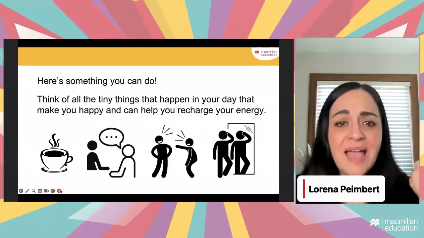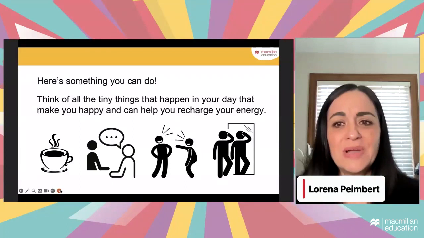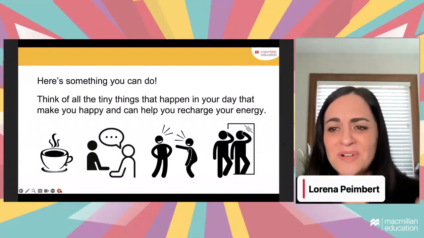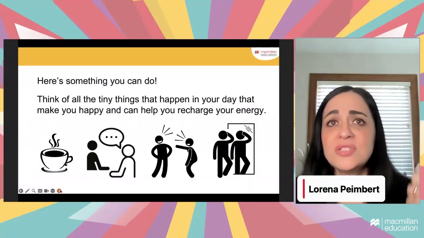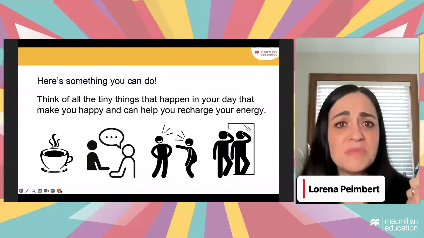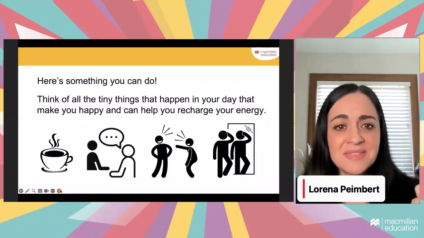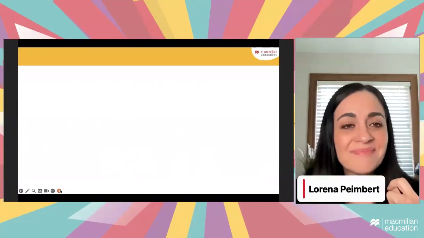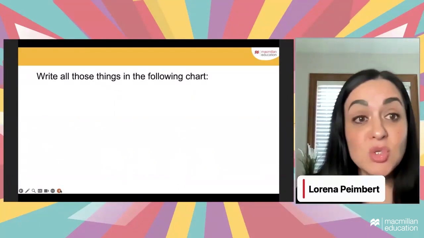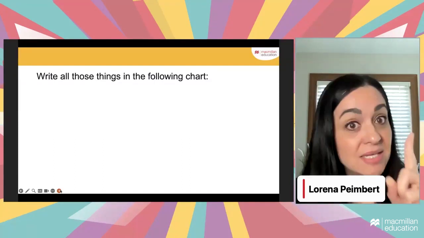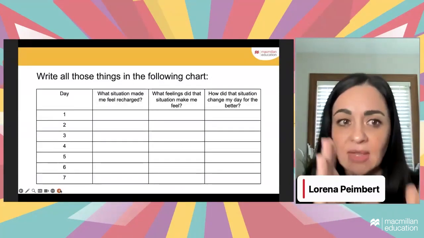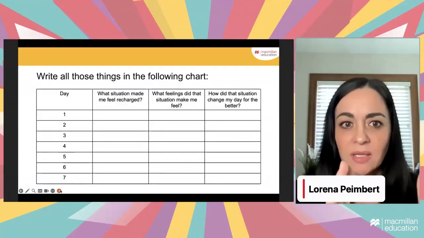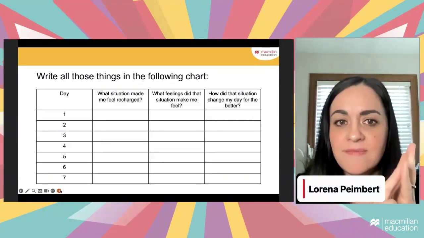I am dressed in my favorite clothes. Thank you. I'm feeling perfect. And then you tell yourself in the mirror, I love you. You can do it. Yes? Those are the tiny things that you can do to recharge. And you have to write all those things in this chart for 7 days, for a week. What situation made me feel recharged?